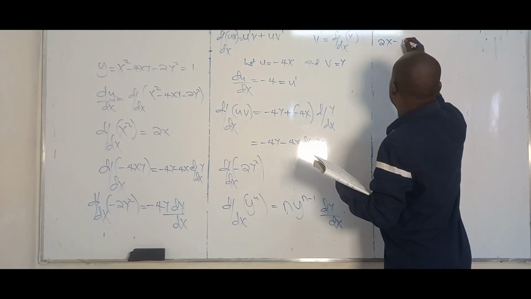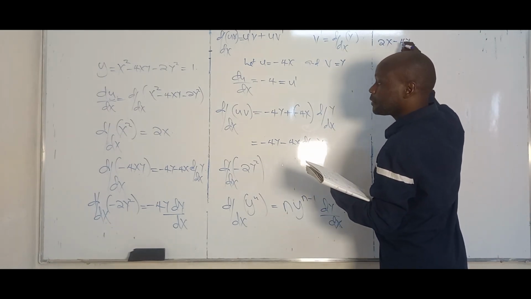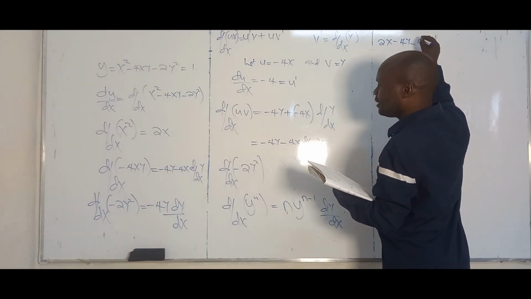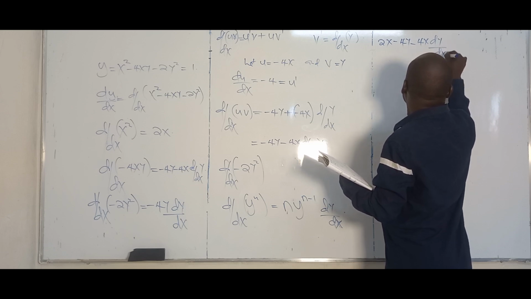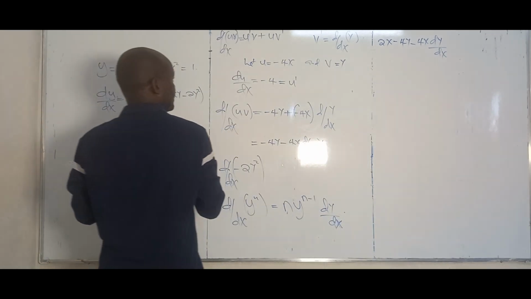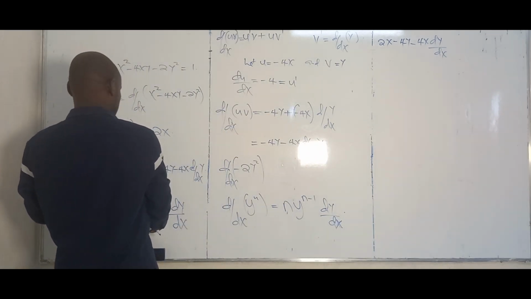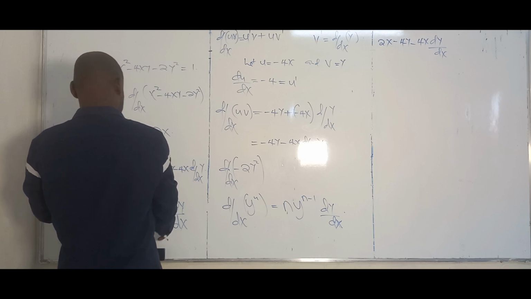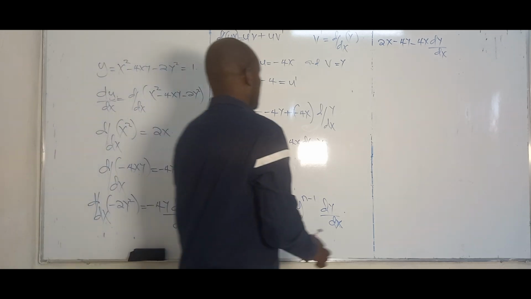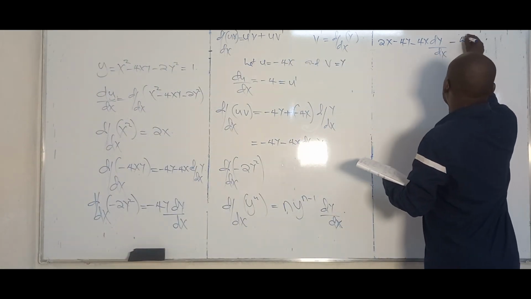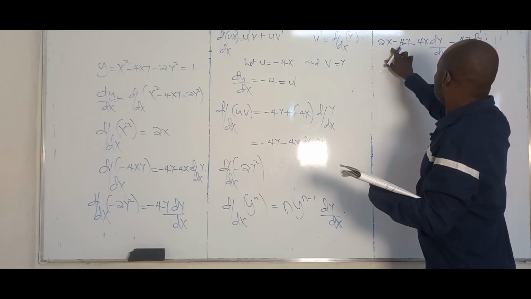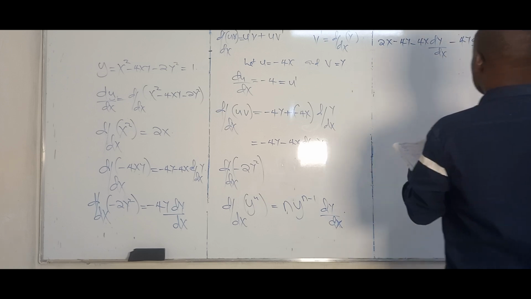So it's minus 4y minus 4x dy dx like that. Then minus this. Now minus this, which will be straight away just minus 4y dy dx. So this is that, that is that. So that's what I have.